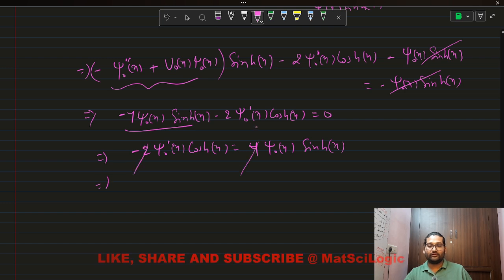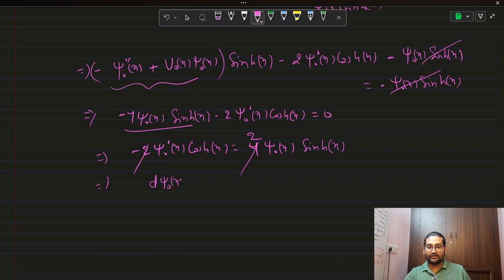This 2 cancels 4 and gives 2, and here what we are left with, d psi naught x upon dx is equal to minus 2 psi naught x sine hyperbolic x by cos hyperbolic x, which will give tan hyperbolic x.